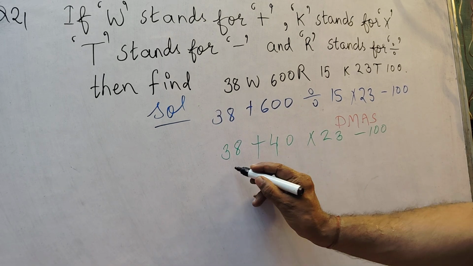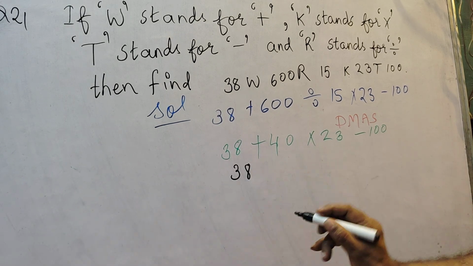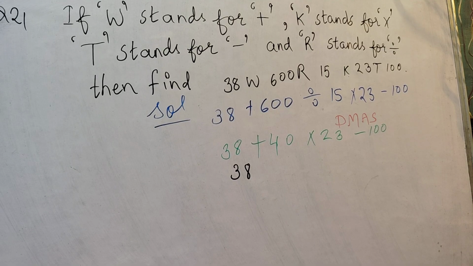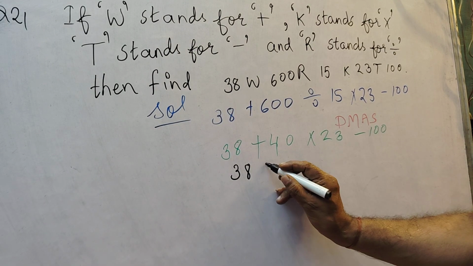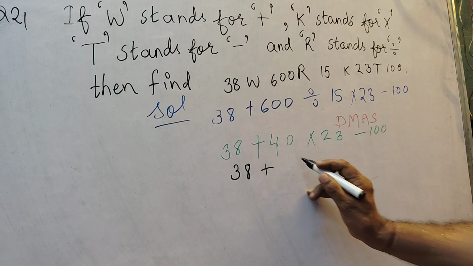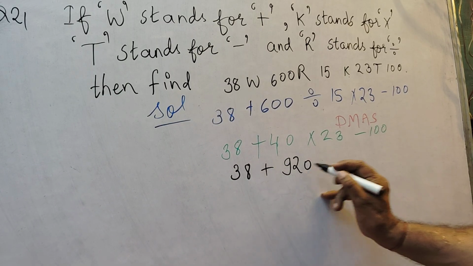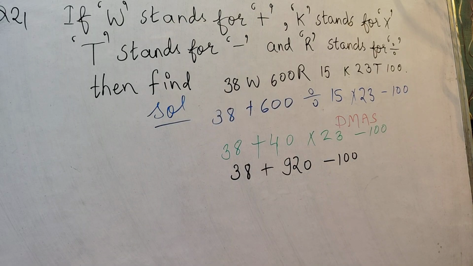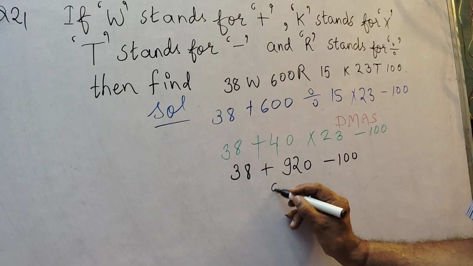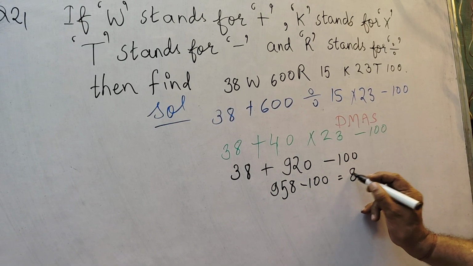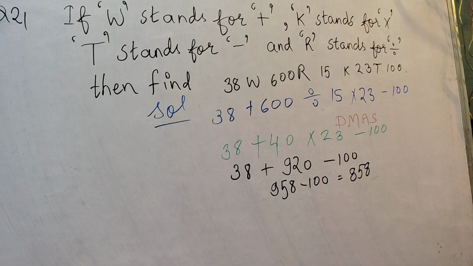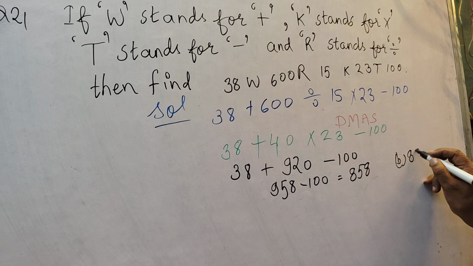Yes, 40 multiplied by 23. 920. Correct. Now next step. 38 plus 920. Yes, 958. Minus 100. It gives us 858. Which option is correct? B option. Yes, correct.